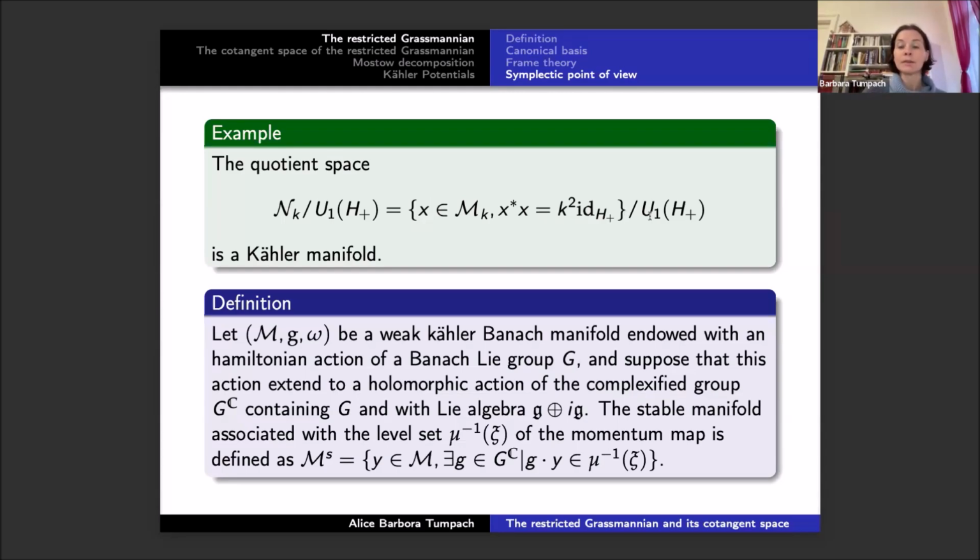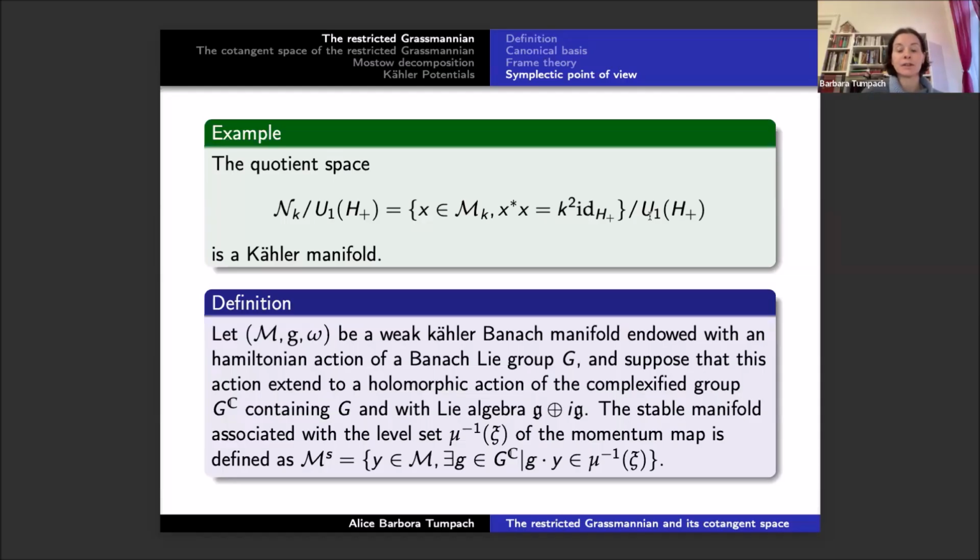And if we mod out by the right action of U1, then we get a Kähler manifold by this Kähler quotient procedure. Now we would like to identify this Kähler quotient with the connected component of H plus in the restricted Grassmannian. And for this, I will make a detour.